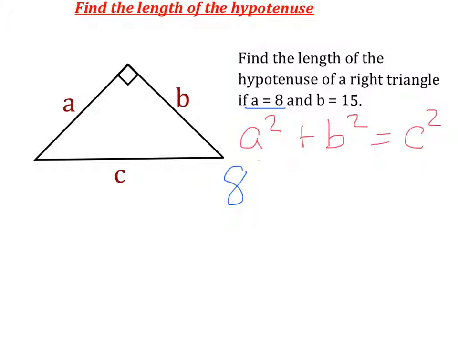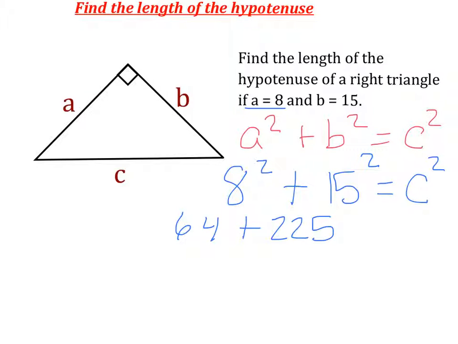So we have 8 squared plus B squared, which happens to be 15, equals C squared. So we have 64 plus 225 equals C squared. At this point, it's helpful to have a calculator as we solve this. So we get 289 equals C squared.